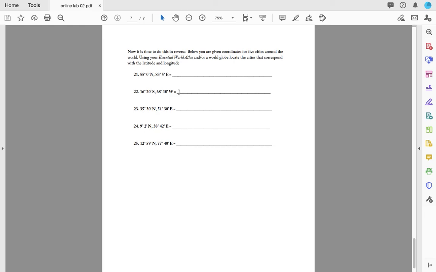And to be honest, a lot of these numbers can be fuzzy. These are specific to this Essential World Atlas. So just to let you know, you could plug this stuff into Google and still get the wrong answer. It's very possible, or get a few different ones depending on the level of precision being used. So just be aware of that.